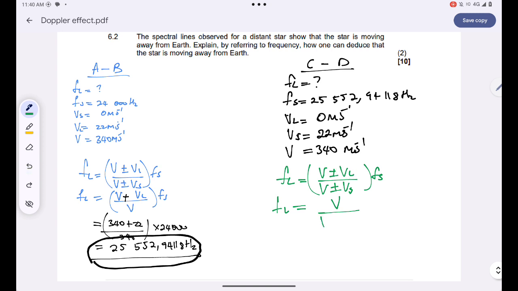At the denominator, we'll have the speed of sound as well as the velocity of the source, which is the car, times the frequency of the source. Since the source is moving towards the stationary listener, I'll have a minus there at the bottom.